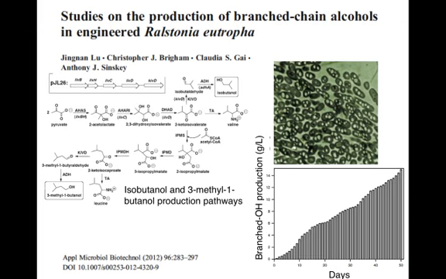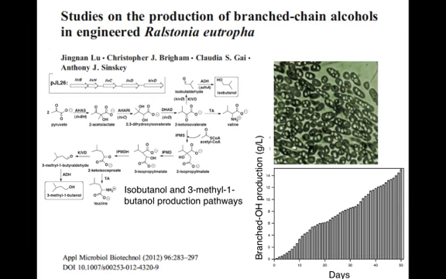So you can see at the bottom of the slide on the right that if you look over a couple of months, so out to 50 days or so, you get increasing titer of branched chain alcohol production in terms of grams per liter accumulating over time. So these cells, which naturally like to store carbon, can store these particularly useful branched chain alcohols by engineering this pathway into them.